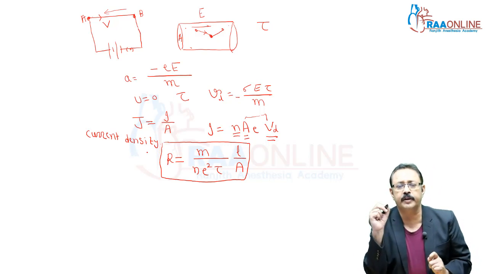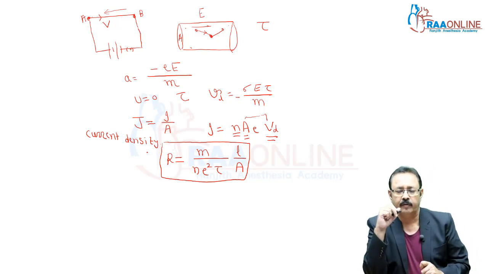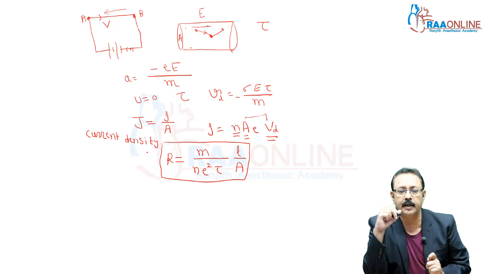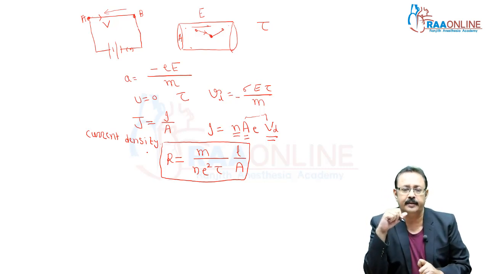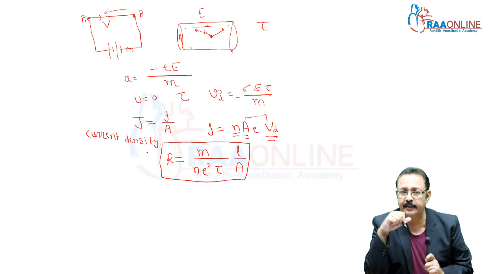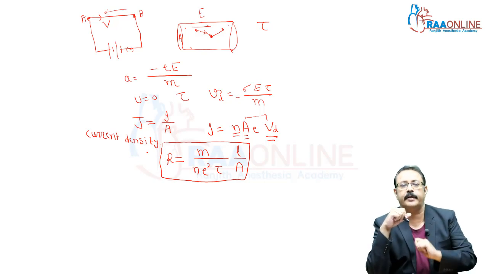What can you observe in this relation? m was the mass of the electron, n was the electron density, e was the electronic charge, tau was the relaxation time, L and A were the length and area of cross section of the specimen.